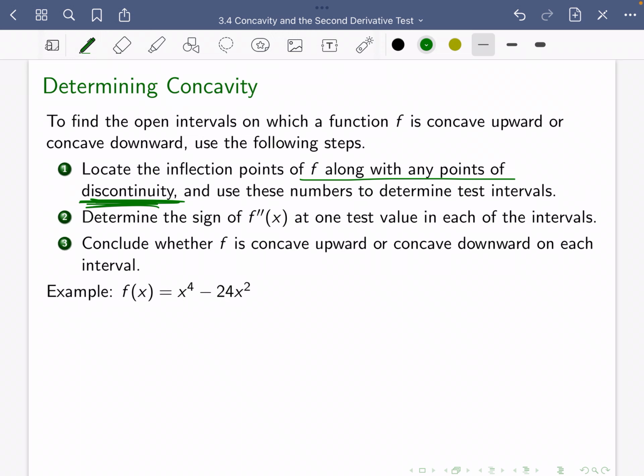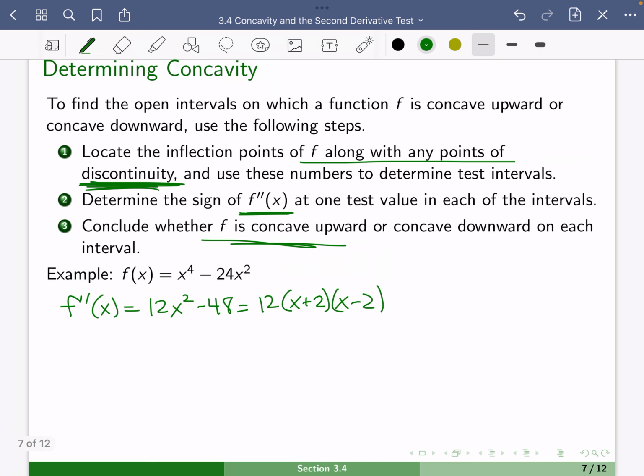You also want to determine the sign of the second derivative for at least one test value in each interval, and then determine whether it's concave up or down on each of the intervals. On that previous page, we found that our second derivative was 12x squared minus 48, which was 12 times (x plus 2)(x minus 2).